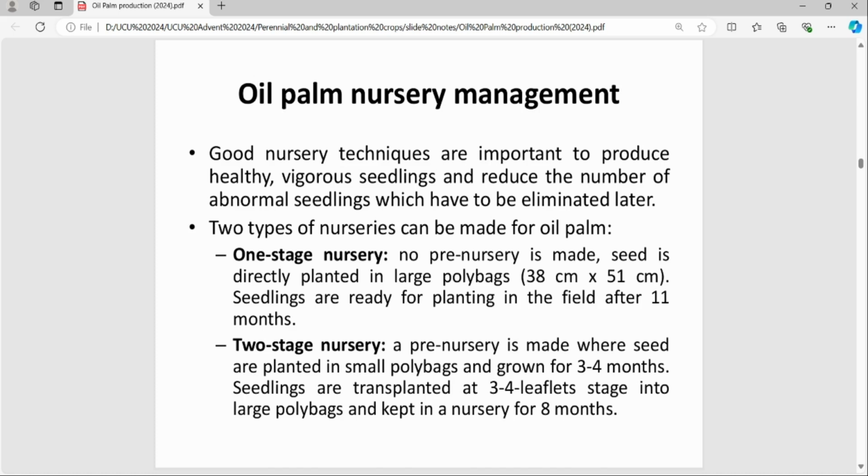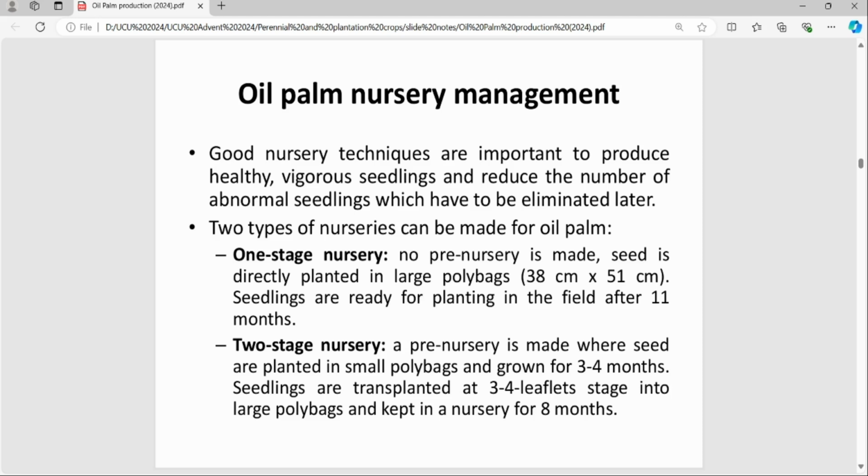So a good nursery will help a farmer to produce healthy, vigorous, nice looking seedlings, and it will also help one reduce the number of abnormal seedlings. So if one chooses to start with a nursery, they can use two methods. One is the one-stage nursery, where no pre-nursery is required.